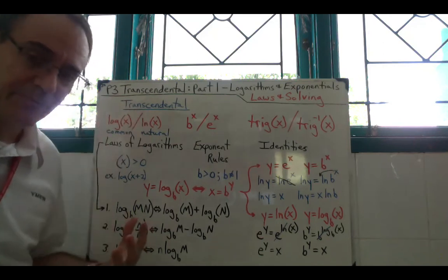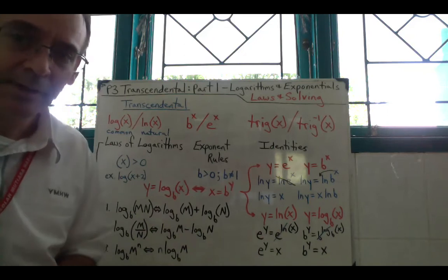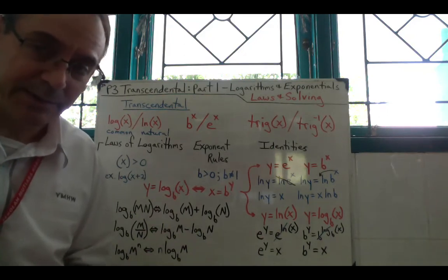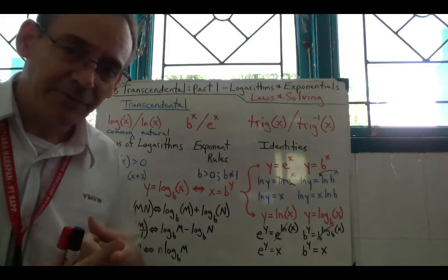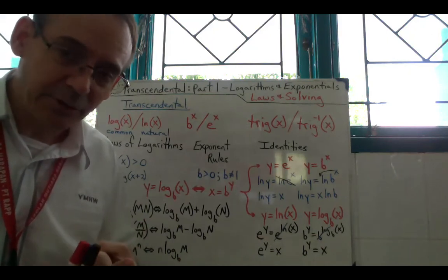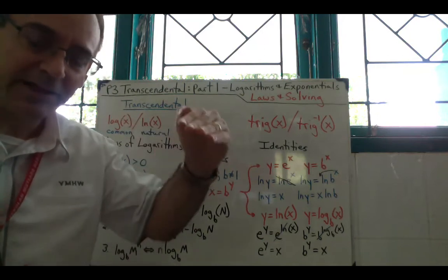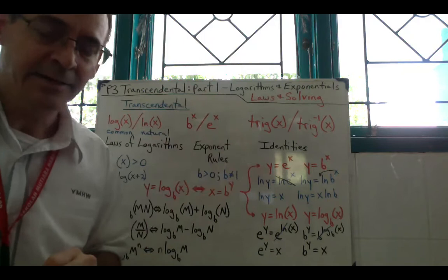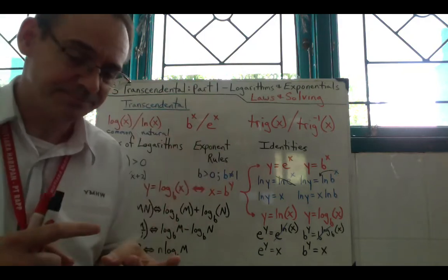Logarithms are very helpful. You probably have already run into some logarithmic scales and maybe you didn't even realize it. For example, the Richter scale for the size of earthquakes is a logarithmic scale. In other words, every value is a power of 10. Same thing with the decibel scale for loudness.